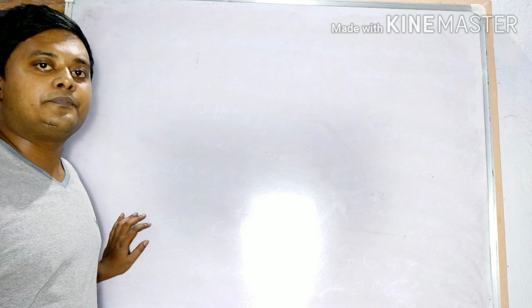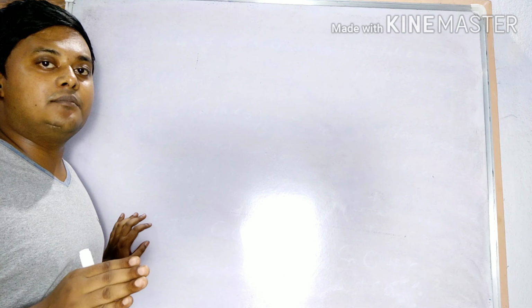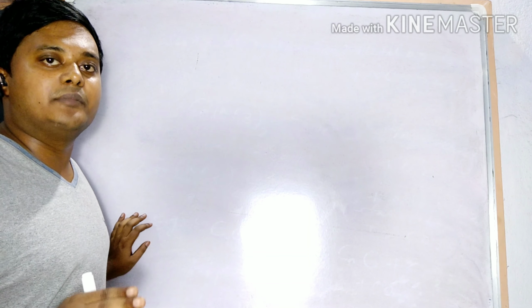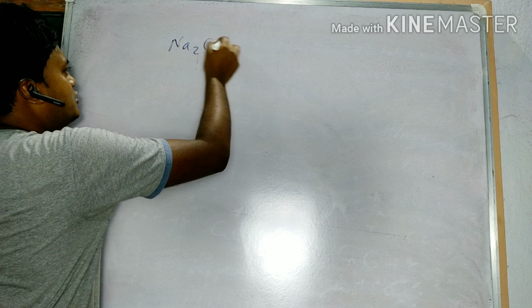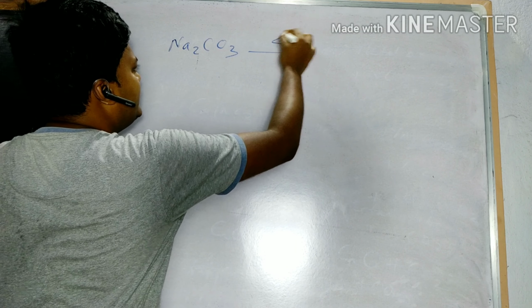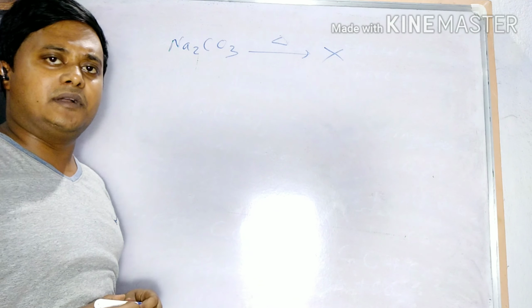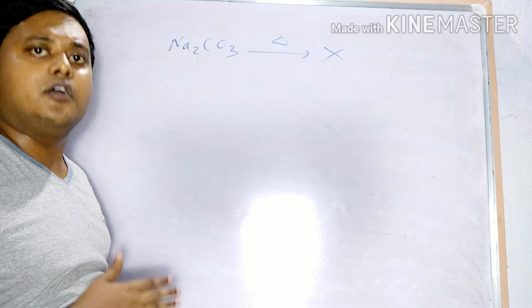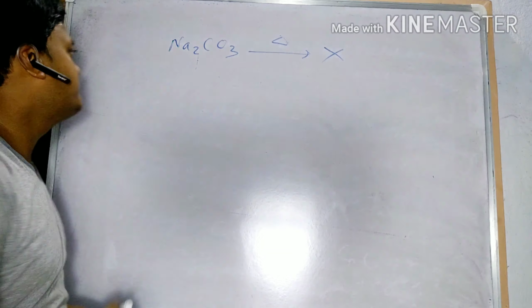Now remember, sodium carbonate and potassium carbonate do not undergo thermal decomposition. Sodium carbonate Na2CO3, heat, no reaction. It does not undergo thermal decomposition, sodium carbonate as well as potassium carbonate. All other metal carbonates undergo decomposition.